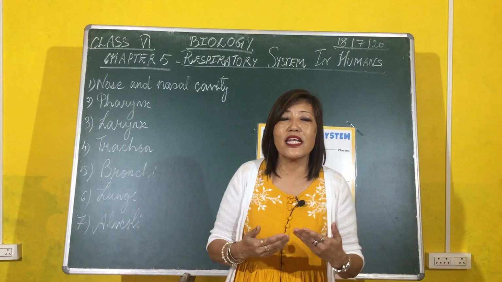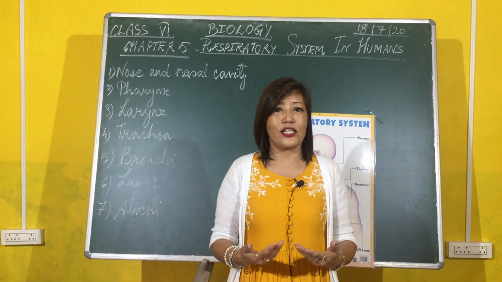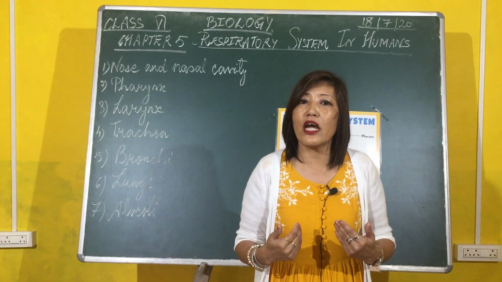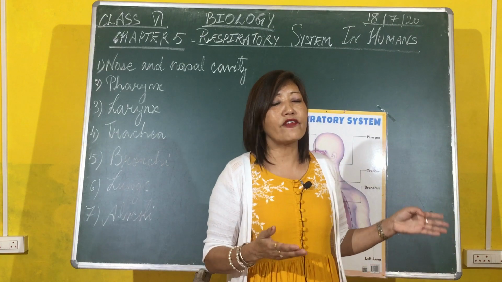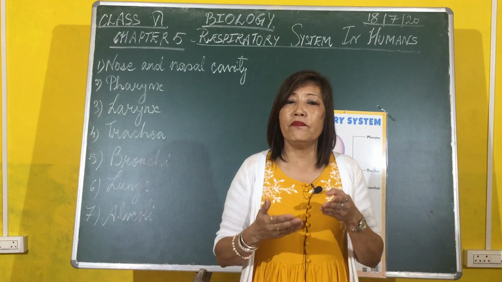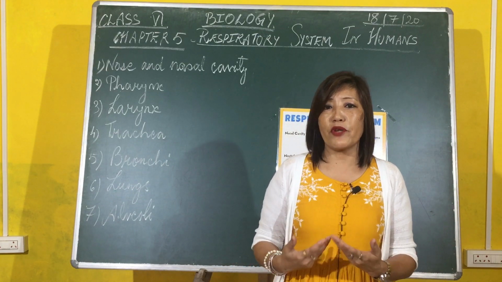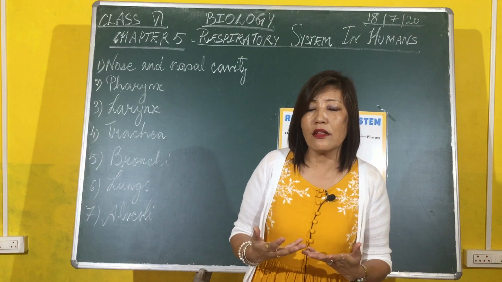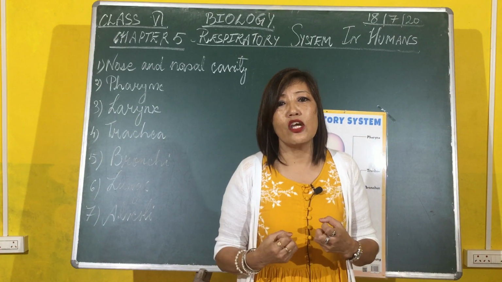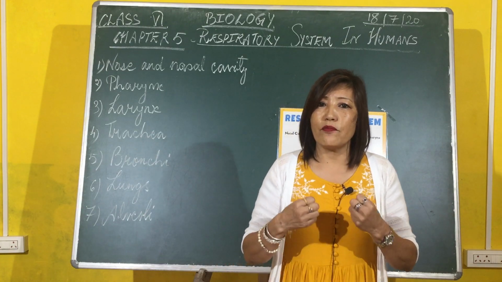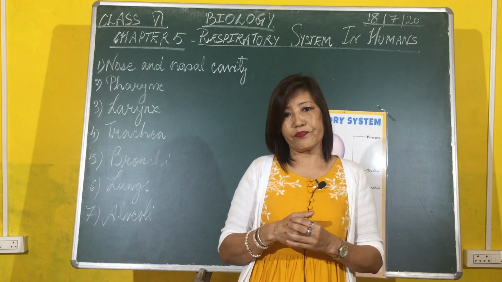It involves inhalation and exhalation, taking in air and giving out carbon dioxide. So this diaphragm helps in external respiration. How does it help? The diaphragm contracts continuously when we breathe in and breathe out.